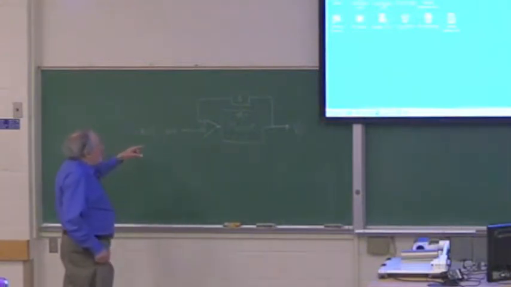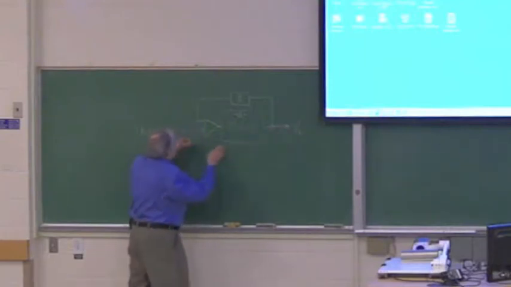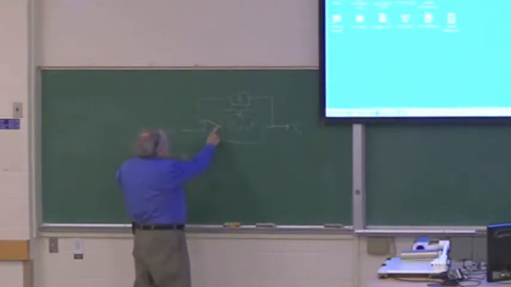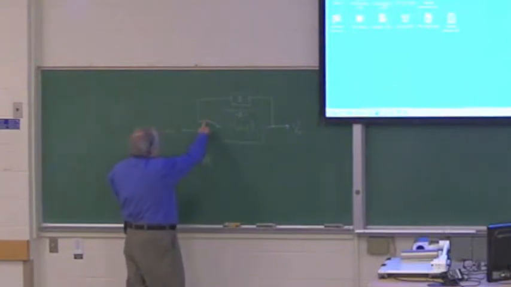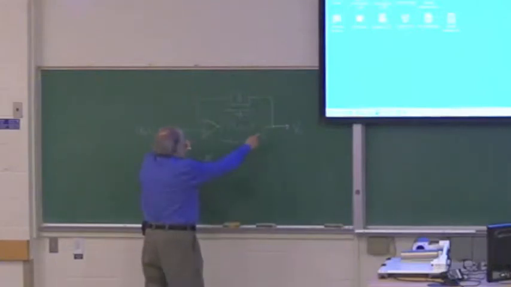So from this you can write the equation, because the output is simply the input times the gain. So V out is simply the input here times the gain. Gain is A, and the input here is simply V in. Okay, so it's V in minus the feedback.